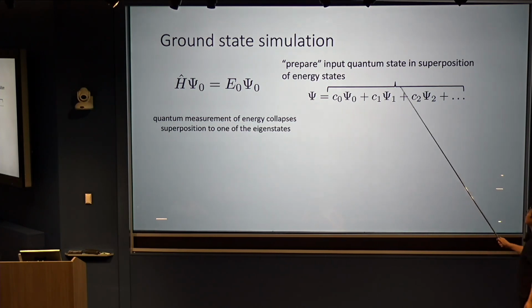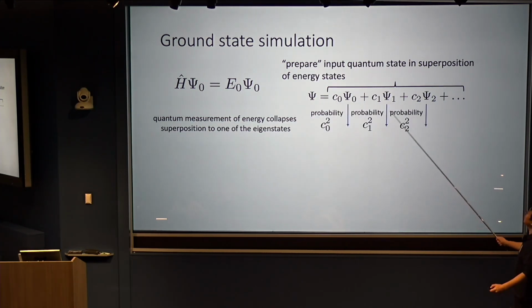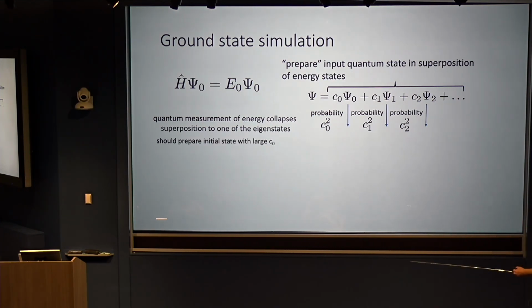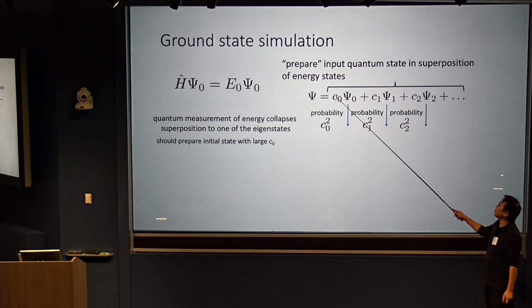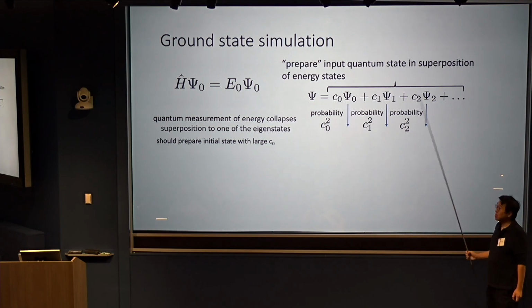So your original input state is a superposition of many energy states, but after measurement, it collapses into just one of them. And it might collapse to the lowest one, which I've denoted 0, or the next lowest one, which I've denoted 1, or the next lowest one, which I've denoted 2. And the probability of obtaining the ground state, the probability of success of this algorithm, depends on how well you prepared your initial state, how large this coefficient is.